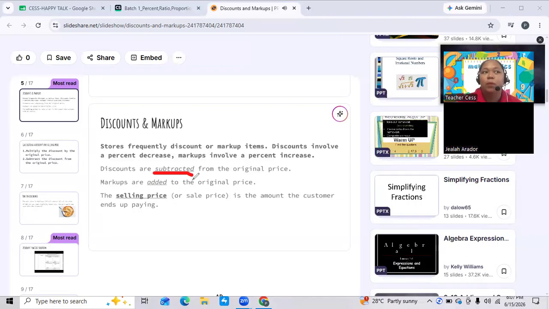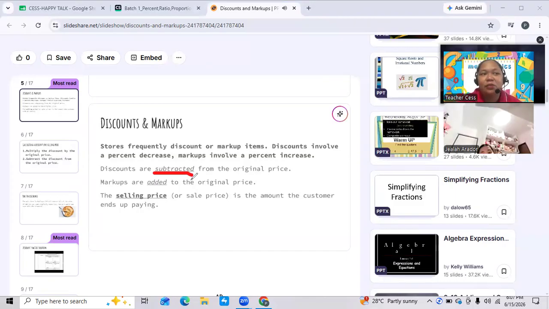For example, you're going to buy a dress, and the store gave you 10% discount on that dress. The dress is 500 pesos, so you are not going to pay the 500 pesos because the store gave you a discount. The discount will be subtracted from the original price.